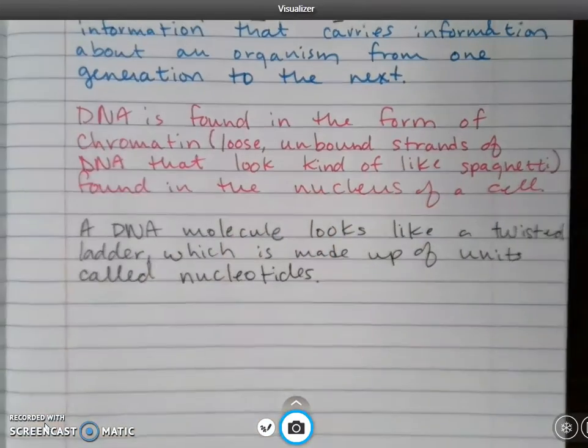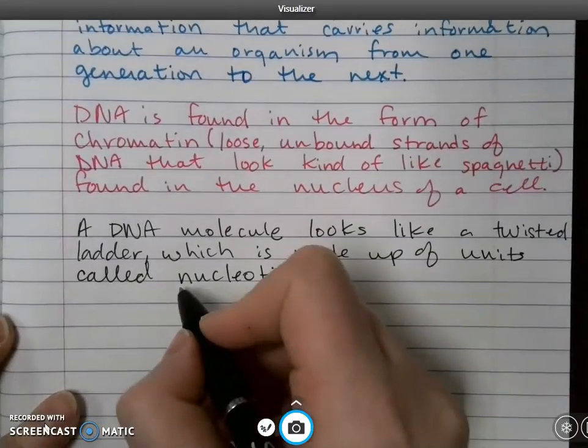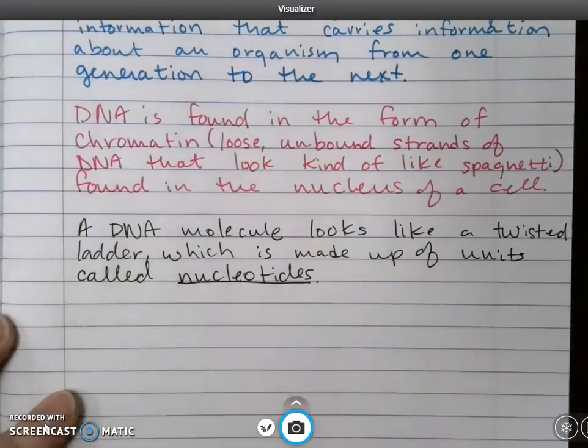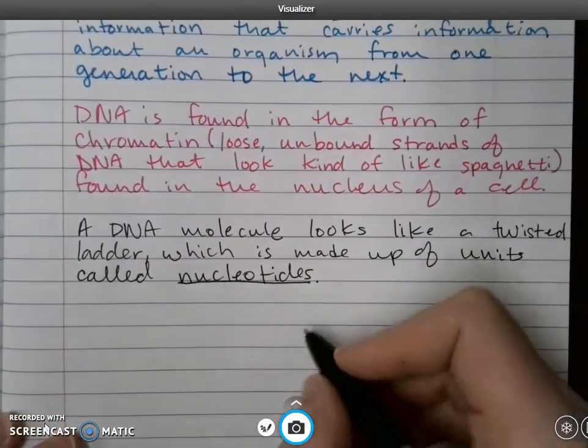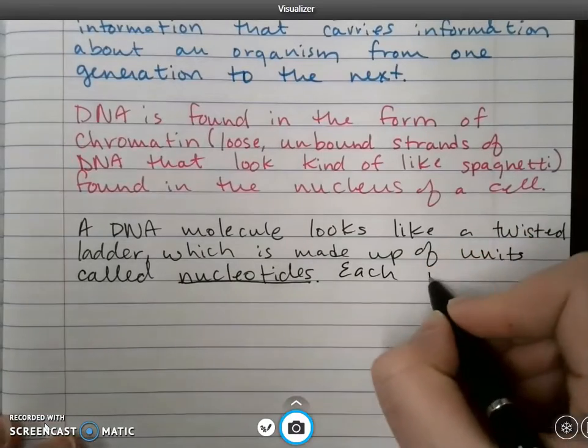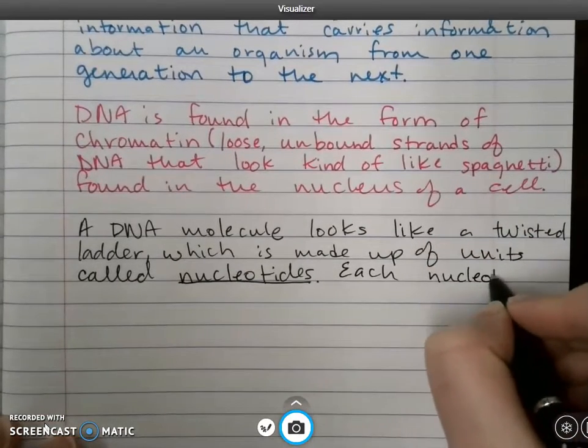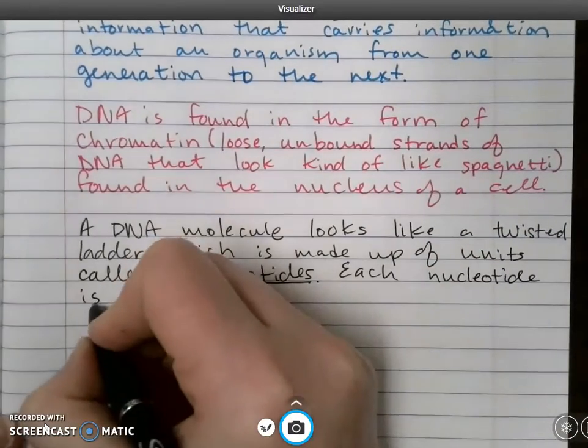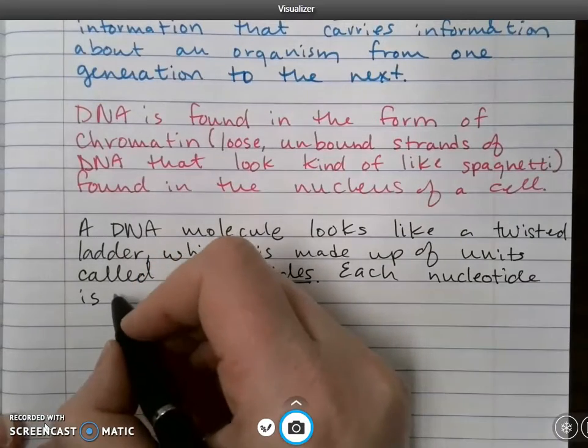That's the individual piece, and that individual piece is made up of 3 different things. Each nucleotide is made of 3 components.